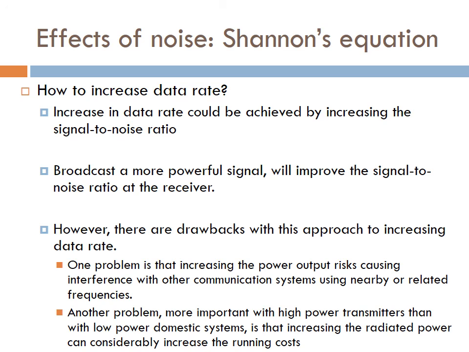So to increase the data rate, this could be achieved by increasing the signal to noise ratio, as we have said, or broadcasting a more powerful signal will improve the signal to noise ratio in this case.